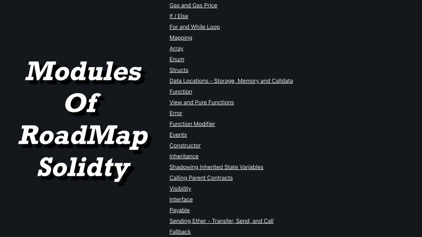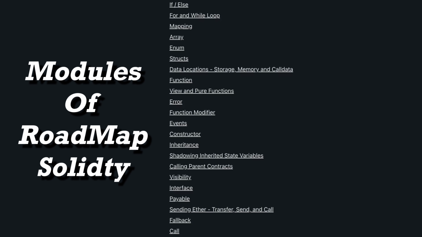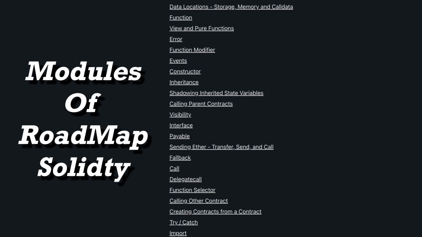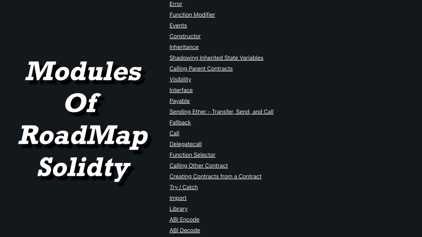Then we'll have function modifiers, events, constructor, inheritance, shadowing inherited state variables, calling parent contracts, visibility, payable, and sending ether via the transfer, call and send methods.